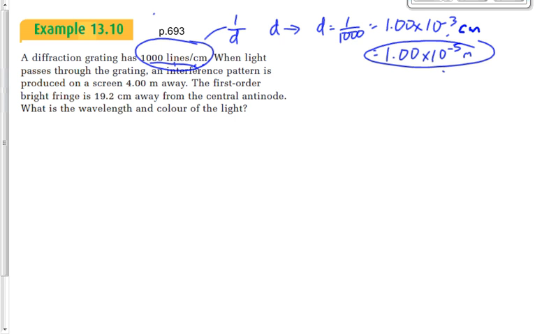How do you convert lines per centimeter to lines per meter? You're going to multiply by 100. Is anybody confused by that? Converting lines per centimeter to lines per meter is multiply by 100? Why would we multiply when we're going from centimeters to meters? Well, centimeters is on the bottom, right? That's what it comes down to.